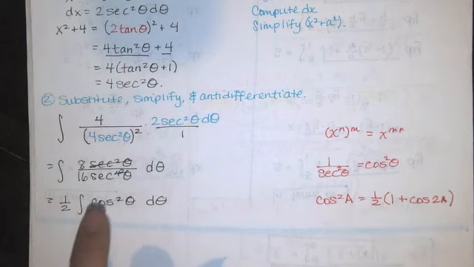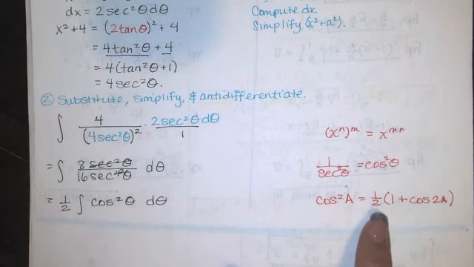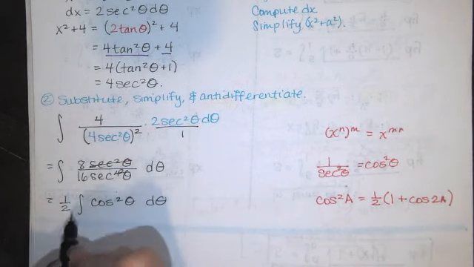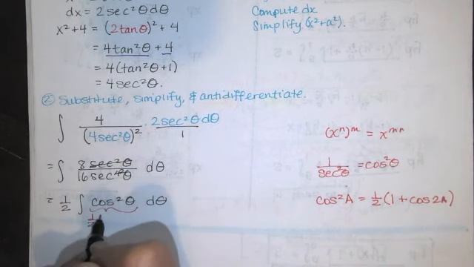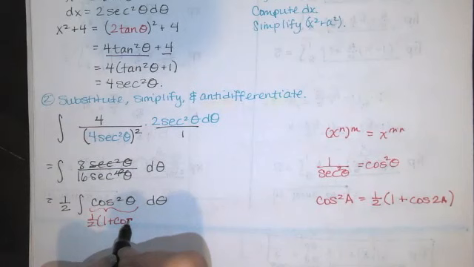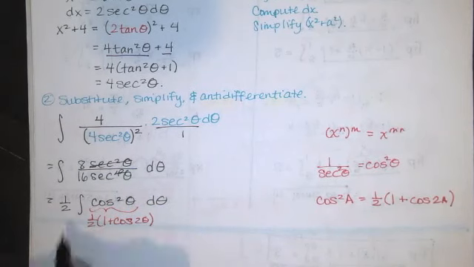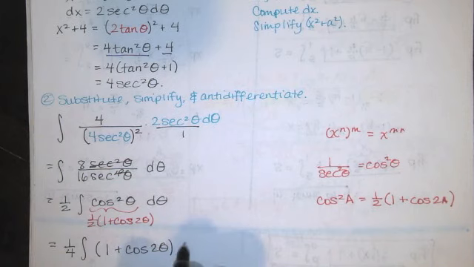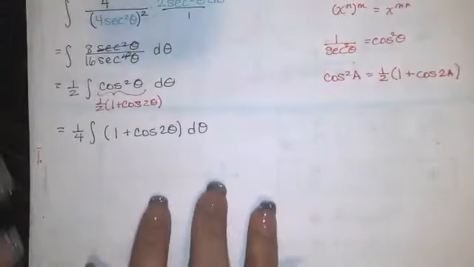So we can replace this cosine squared of theta with 1/2 of 1 plus cosine of 2 theta. We can sub that in right here. That 1/2 times that 1/2 is a 1/4. And then we say to ourselves, do we have a rule for that? And a rule for that, we certainly do.